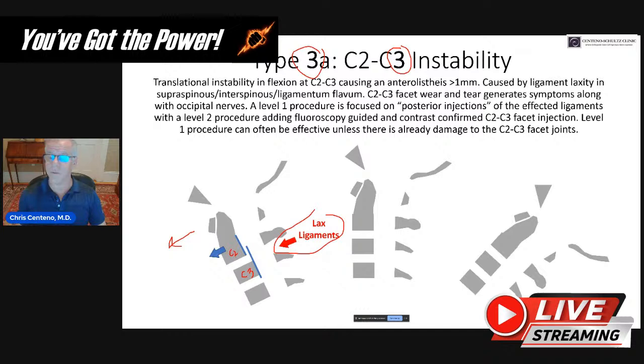Now, this is one where you can do posterior injections all day long and it works really well. So if all you've got is a little bit of instability and flexion at C2-3 causing your symptoms, then this is something that will respond to very inexpensive and very low-tech posterior injections in the supraspinous, interspinous ligaments at C2-3.